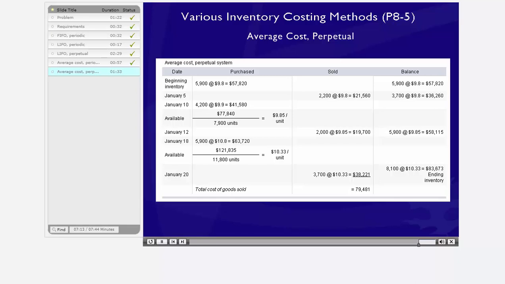And we keep modeling it this way, which you can see on the screen in front of you, so that when we're done, we're able to compute the 8,100 units at $10.33 gives us $83,673 of ending inventory using the average cost perpetual method, and cost of goods sold totaled $79,481.